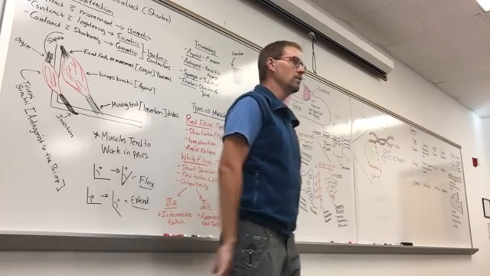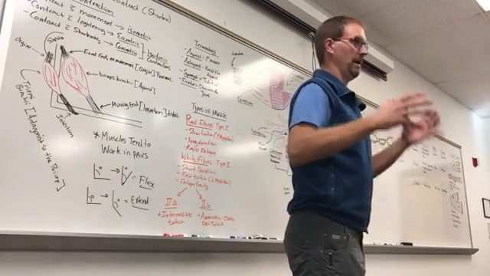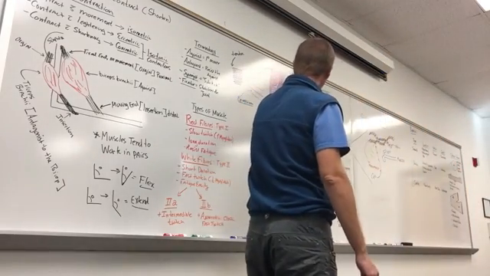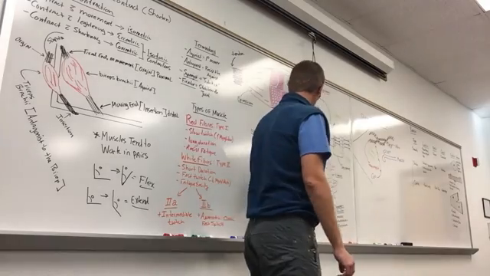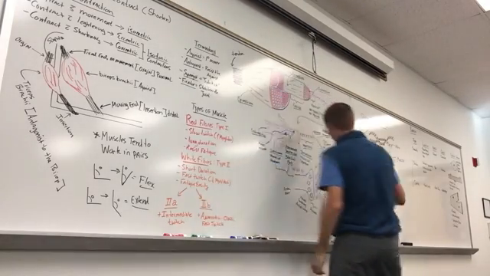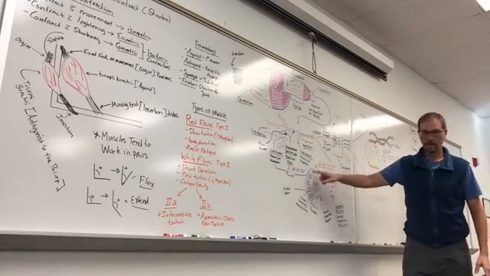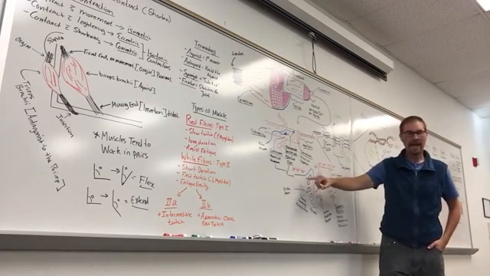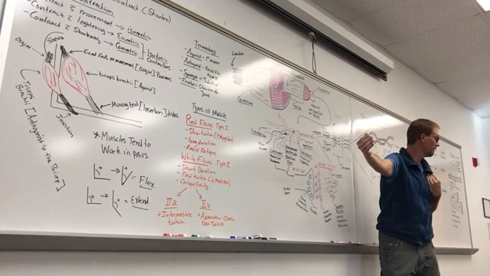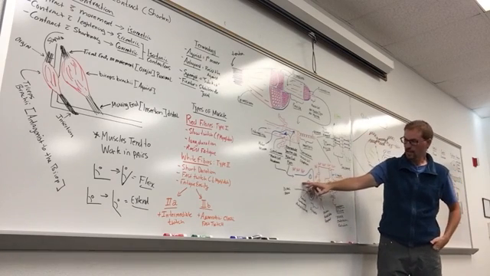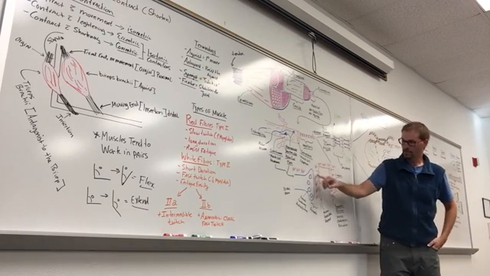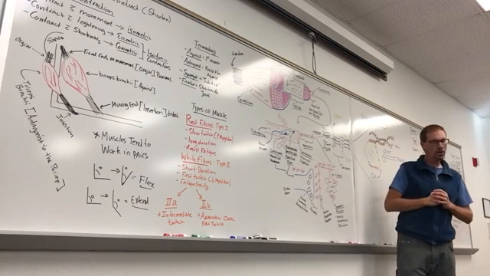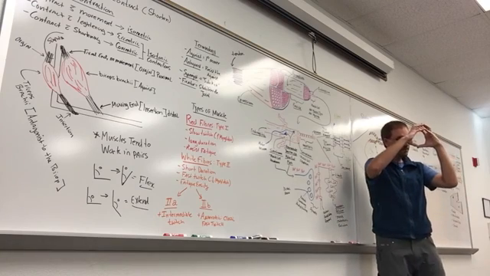Now what we're going to do is we're going to go deep. We're going to dig deep. What I'm going to do is enlarge this neuromuscular junction here, and that's what I've drawn right here. So what we have is the axon, right? Axons go away from neurons. I have the distal axon, so this is the very end of the axon here. And in the distal part of the axon, I have little vesicles.